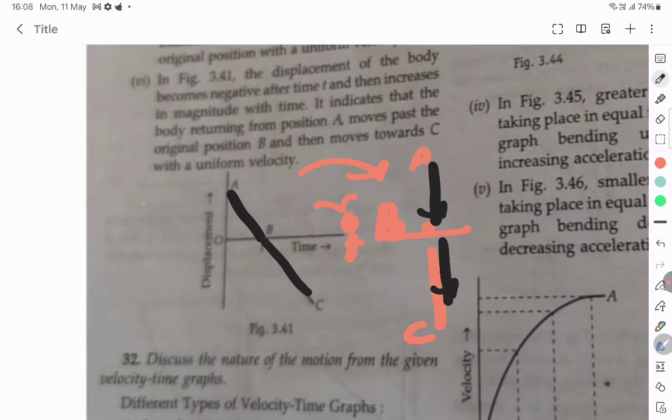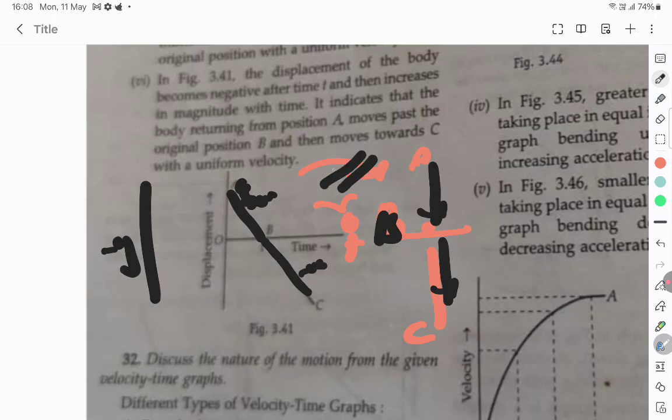And all the directions are happening in the negative y direction. So slope here also is negative, slope here also is negative, but it's a constant slope. So it's uniform velocity. The body is moving at uniform velocity, but it's moving past the point B and going to C. That's what this represents in a displacement time graph.